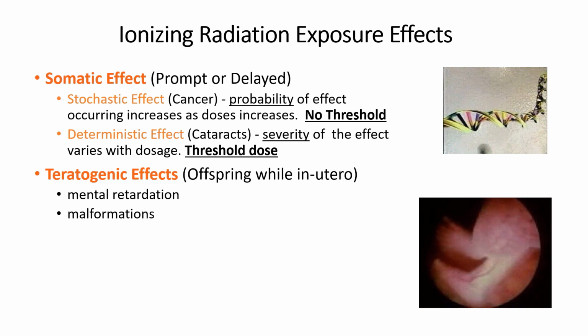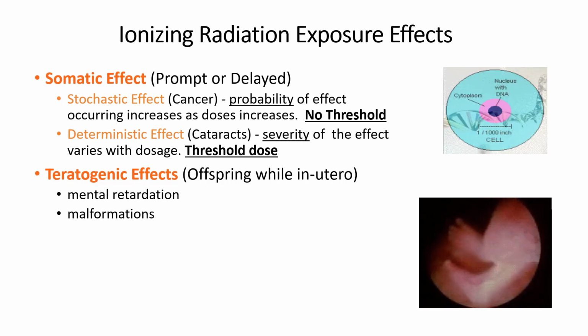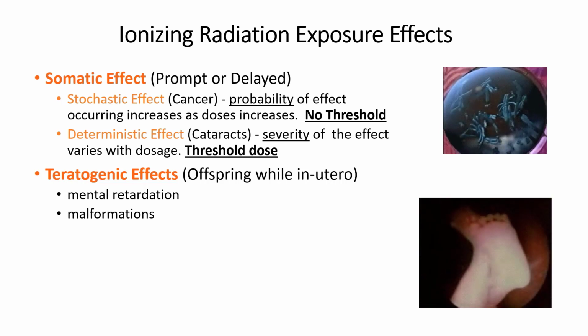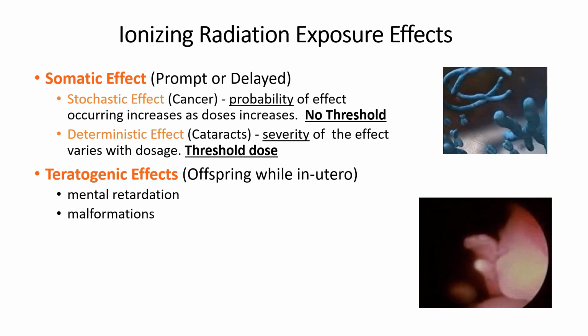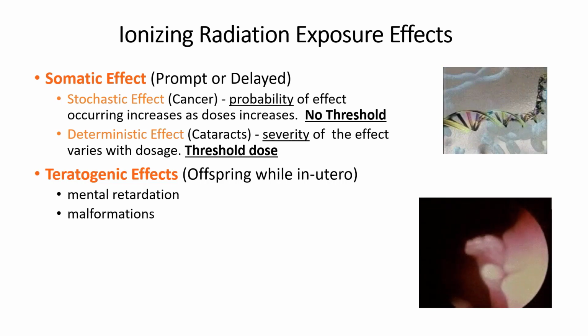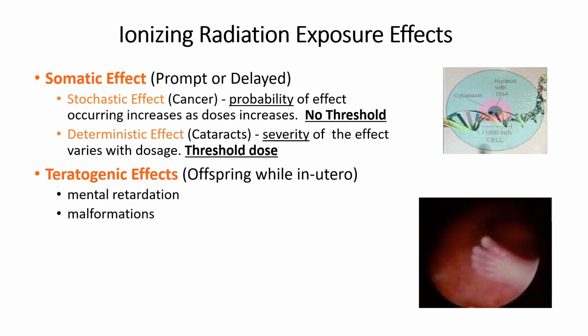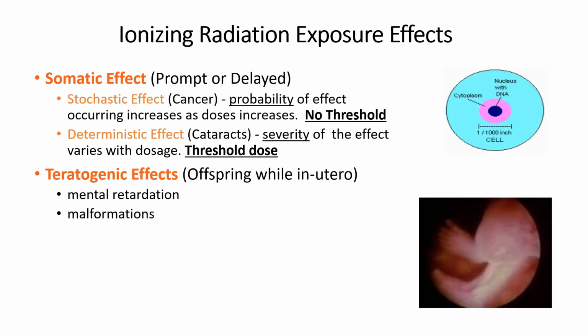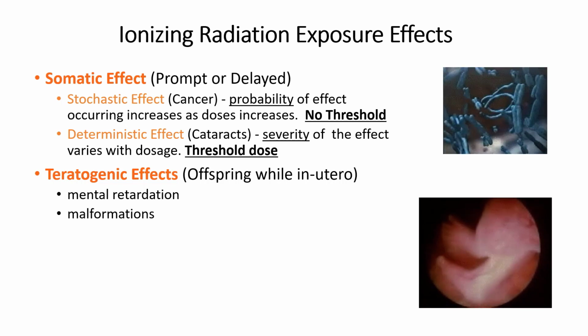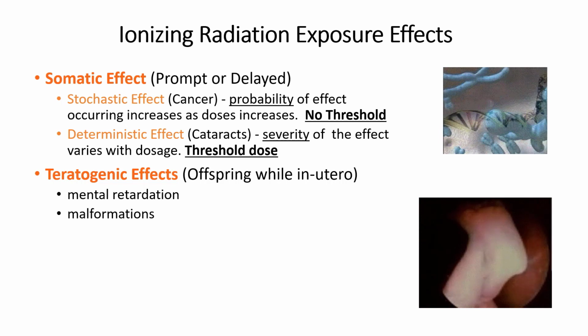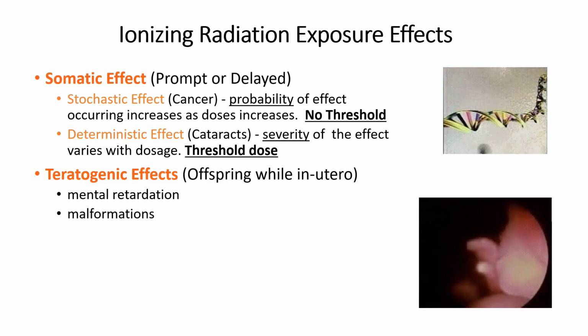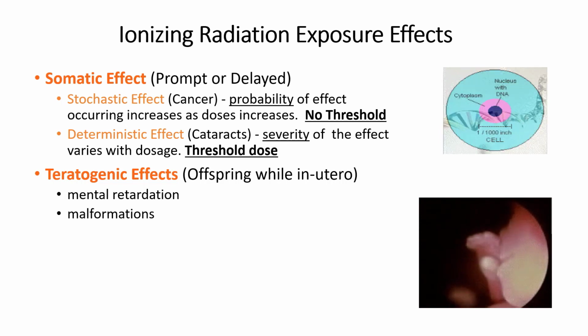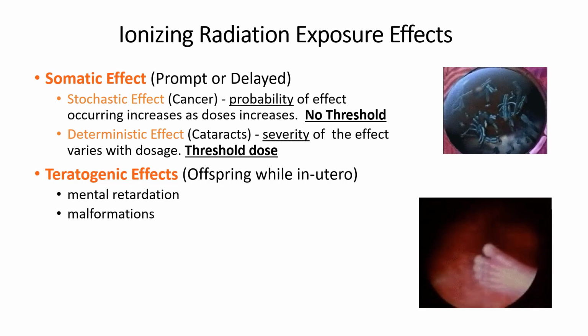The other effects are associated with high-dose radiation exposure, such as the deterministic effect, where we know there is a threshold dose that correlates with a specific type of damage, such as cataracts, and we know the sensitivity of the different tissues that we are interacting with.